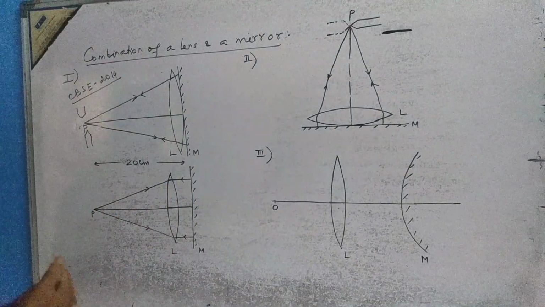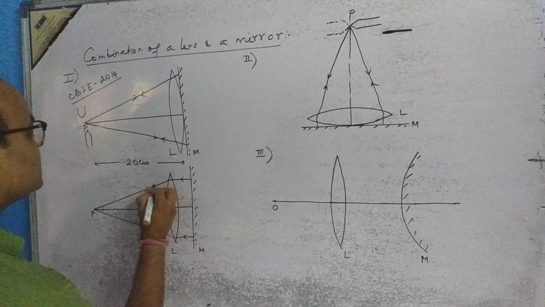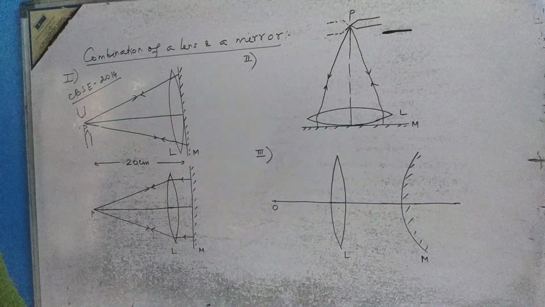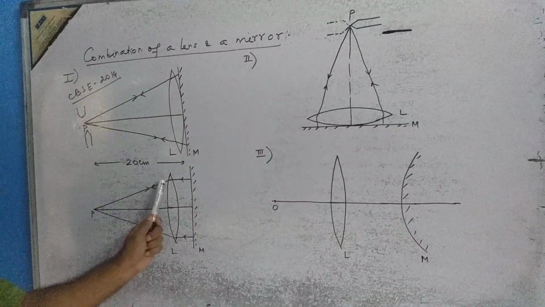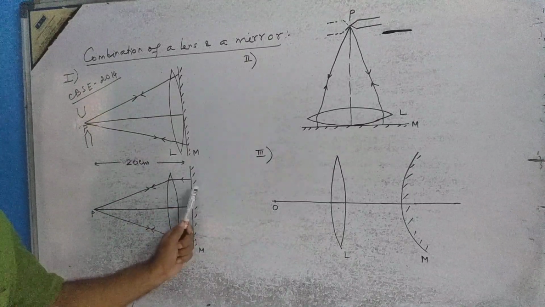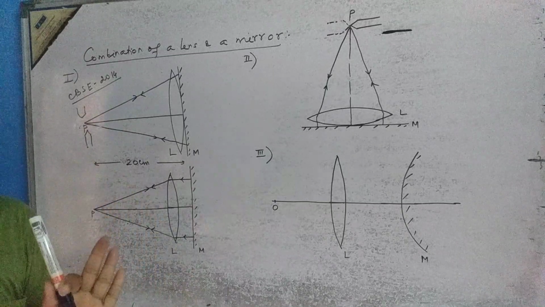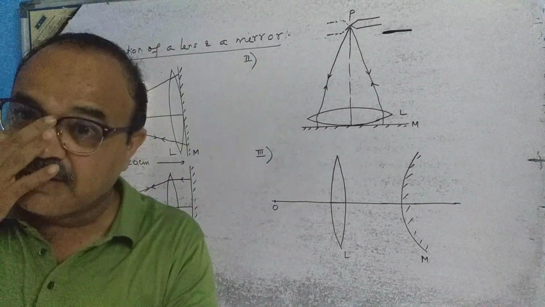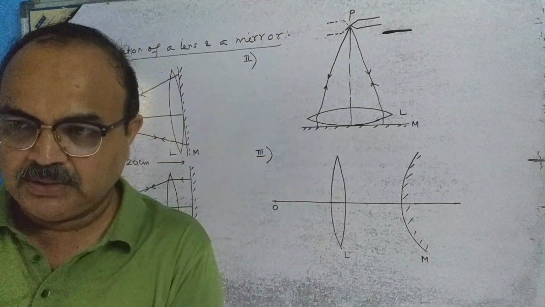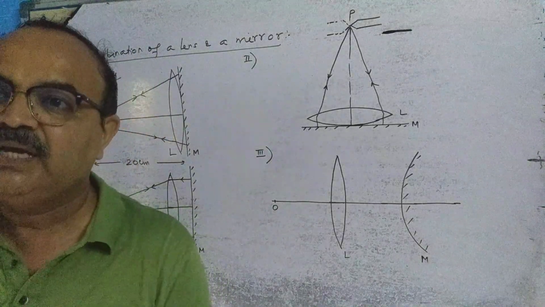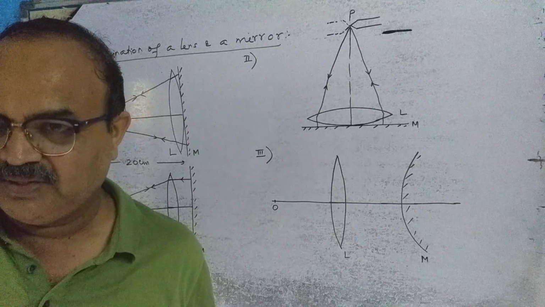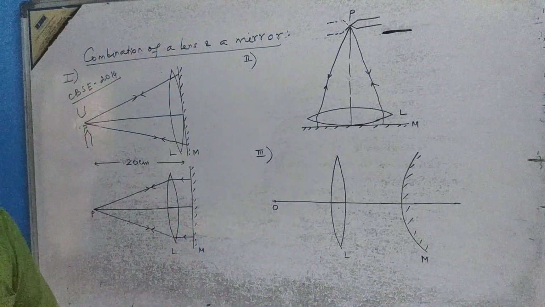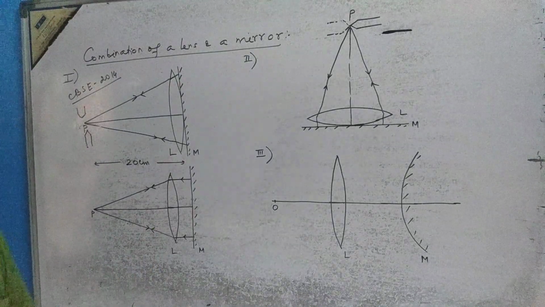The ray will retrace its path only if it falls at normal incidence on the mirror. Only the rays which are incident normally on a mirror retrace their path. So it will retrace its path like this.